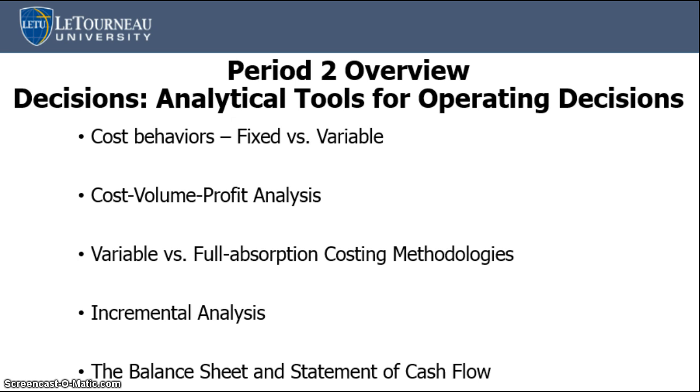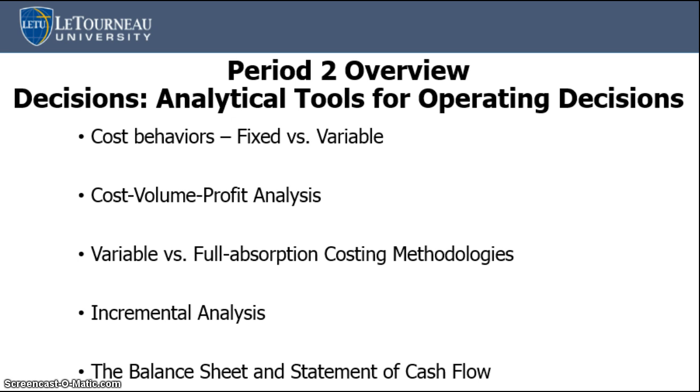We will investigate the concepts of variable costing and incremental analysis and the use of these tools in making value-creating operational decisions. We will also continue to build our 30,000-foot perspective of financial performance by delving into the information provided by the balance sheet and statement of cash flow.